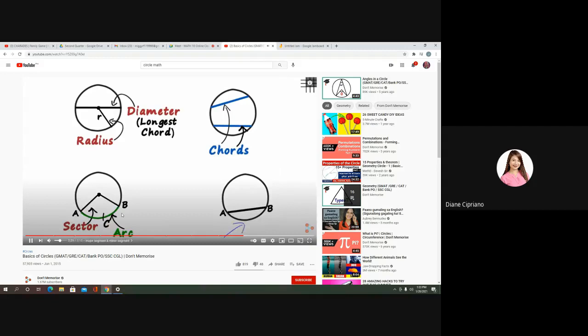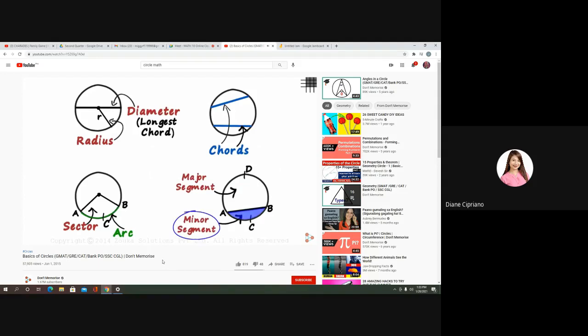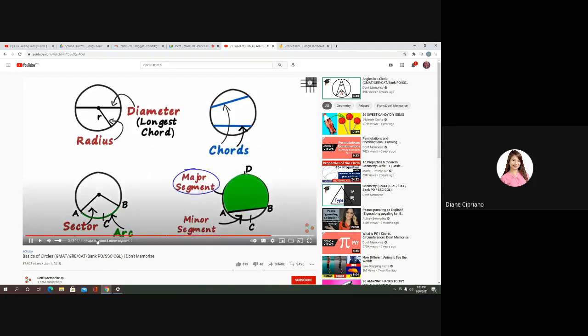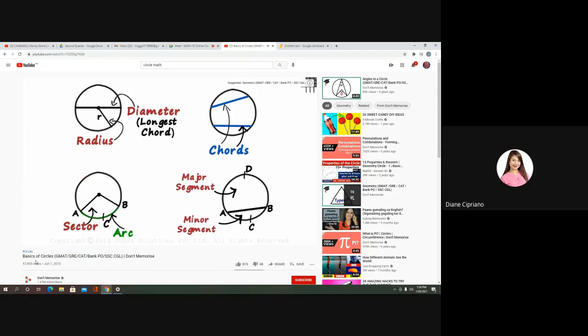We have chord AB and C as your arc. This is the minor segment, the smaller one. The big one is the major segment. Minor sector and major sector. Minor arc, this one, and this is the major arc.